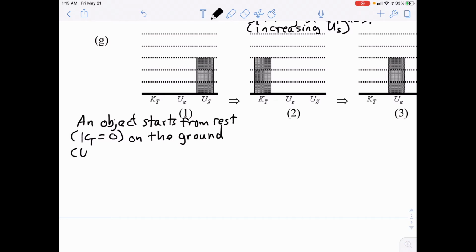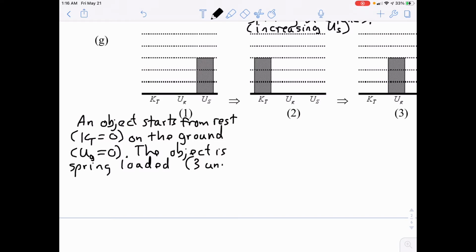We know this because UG equals 0. The object is spring-loaded. We know this because we have 3 units of spring potential energy.